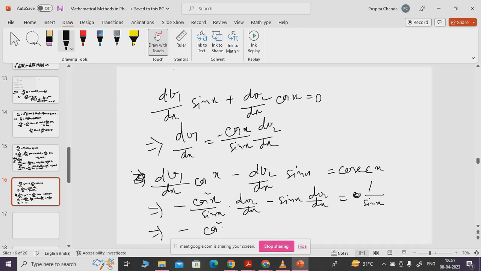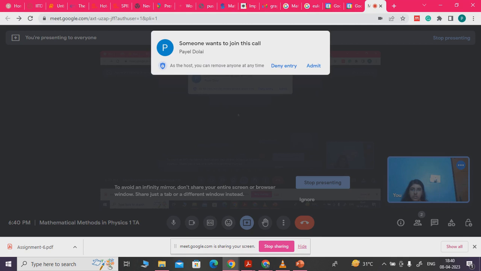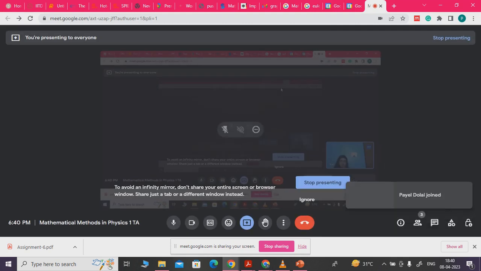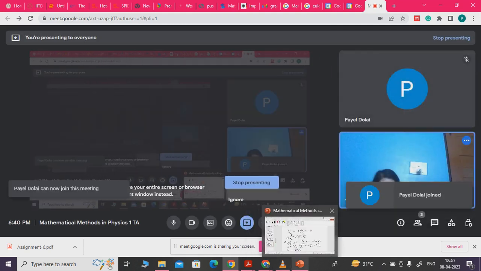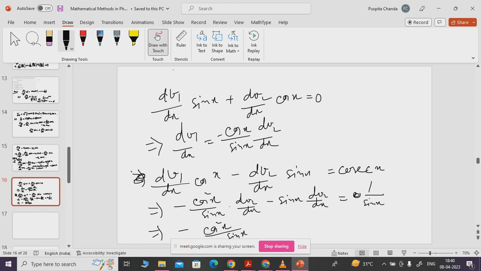So it will be cos square x by sin x dv2 dx minus sin square x by sin x dv2 dx is equal to 1 by sin x.